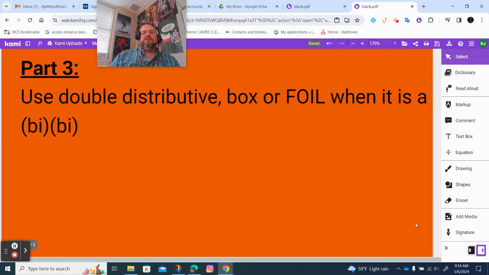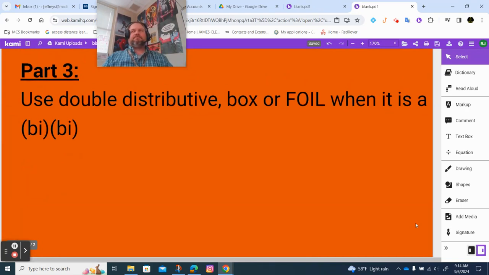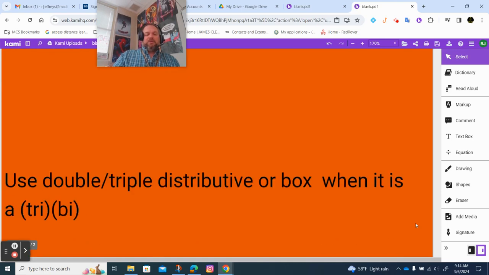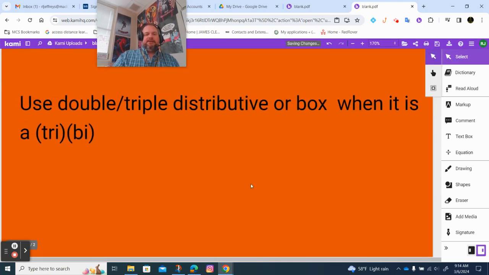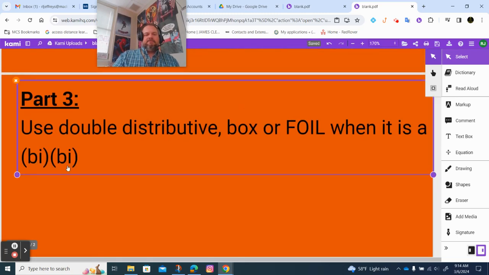All right. So, now, part three, I said use double distributive box or foil when it's a binomial times a binomial. Okay. I might need to swap these around because this is actually how it is on the test. Hang on just a second.